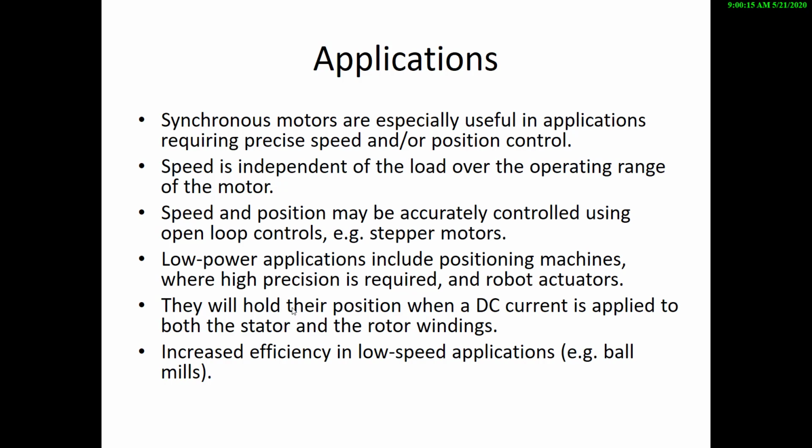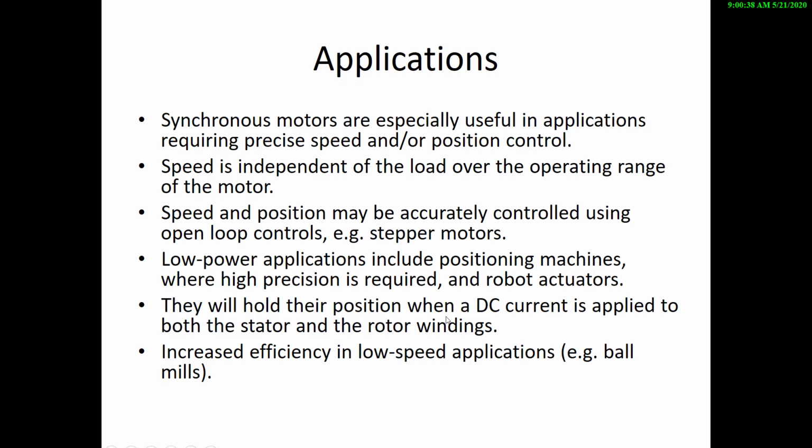These are the main properties, and due to them the motor fits applications that require them. Synchronous motors are especially useful in applications requiring precise speed and position control, and they have increased efficiency in low speed applications.